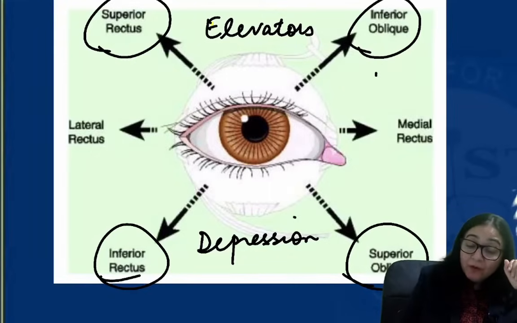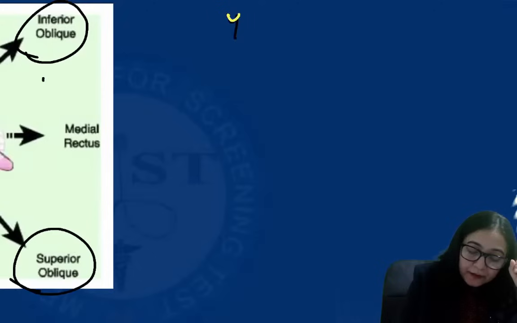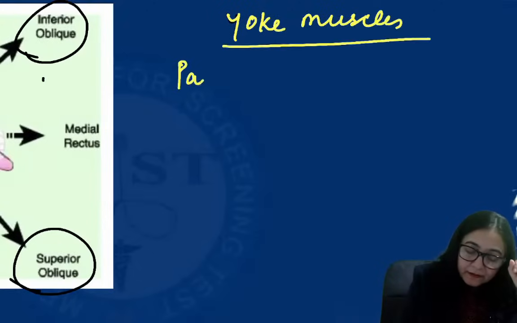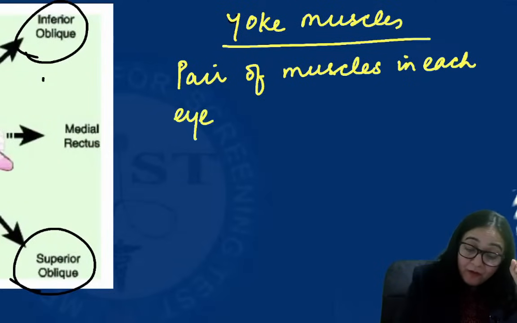Now for the yoke muscles. Now coming to the yoke muscles, the yoke muscles are a pair of muscles, one in each eye. So there will be one muscle in one eye, other muscle in the other eye for the same gaze.